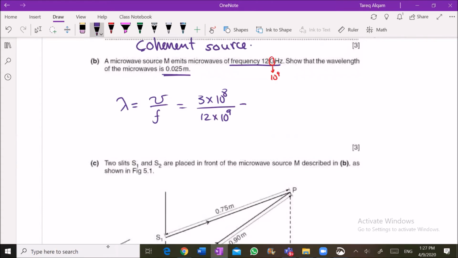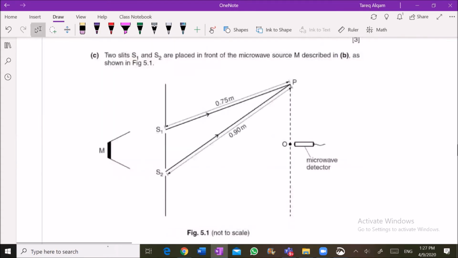Guys, pay attention to this part of the question. Here, two slits, S1 and S2, are placed in front of the microwave source M described in B, as shown in figure 5.1. Clear? Look at this question, please.